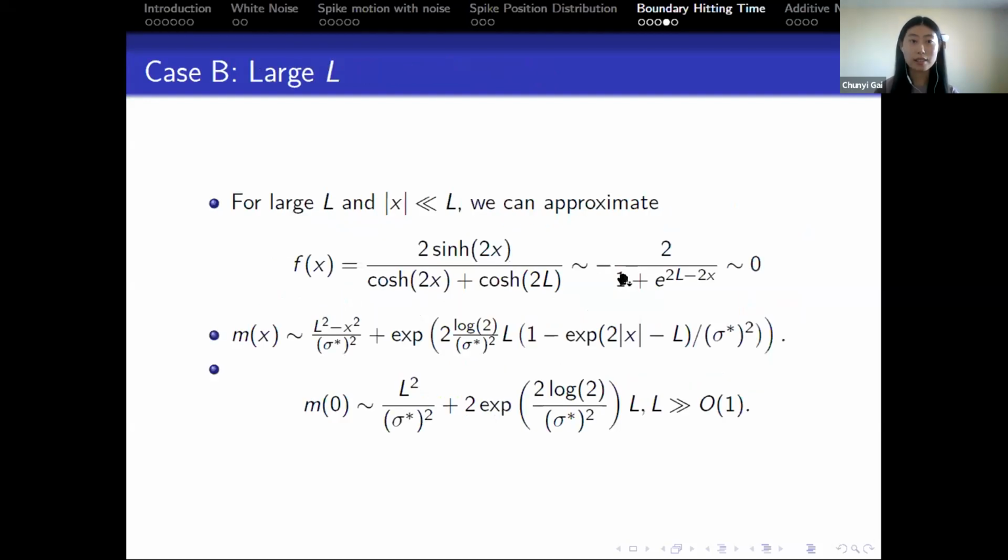For the other case where we assume L is large, we can approximate f of x by almost 0 when x is much less than L. In that case, we can approximate our result as this function. Still we can get the maximum of this function by setting x equals to 0, and the result is shown here.